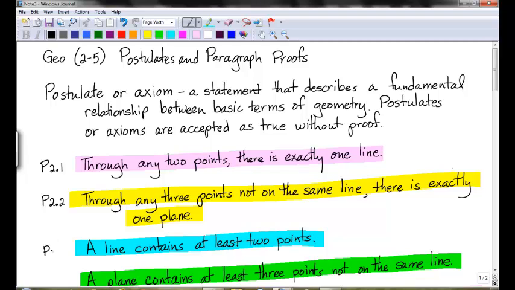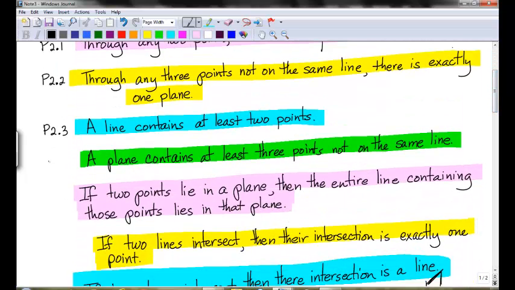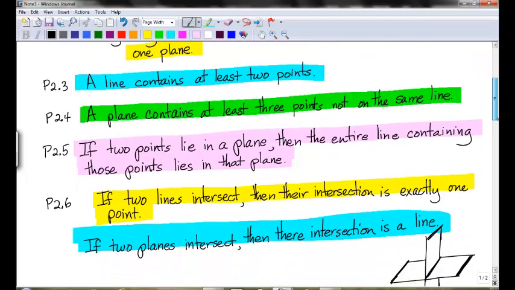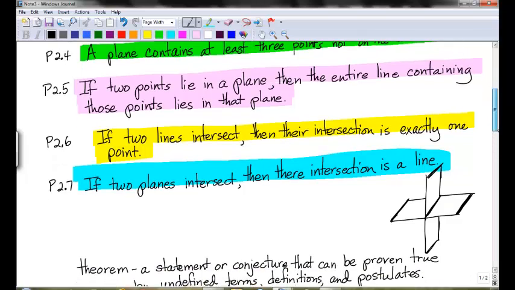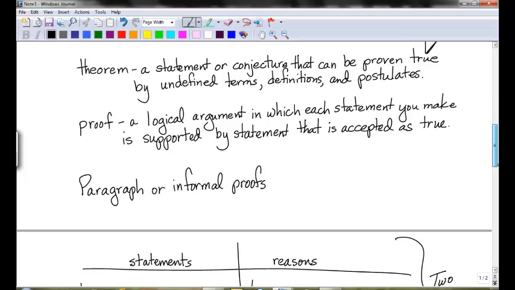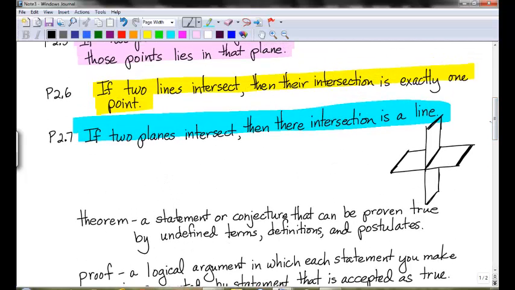This one's postulate 2.3. But don't use these numbers on the homework. Postulate 2.4. Postulate 2.5. This one's 2.6. And we ended with postulate 2.7. All of those are postulates or axioms that are accepted as true without proof. So we just have to write the words and not the number. You don't have to put the number, unless it specifically asks you for the numbers. Most of the time it doesn't.